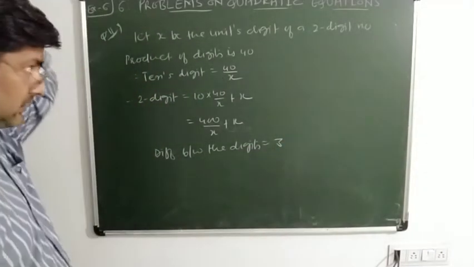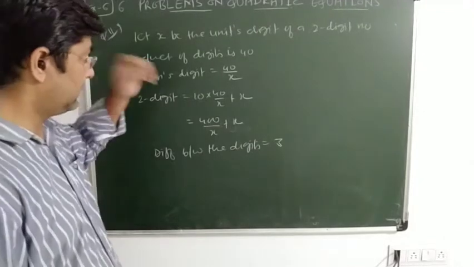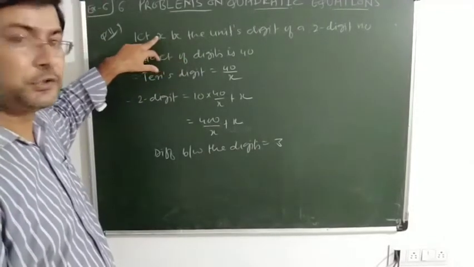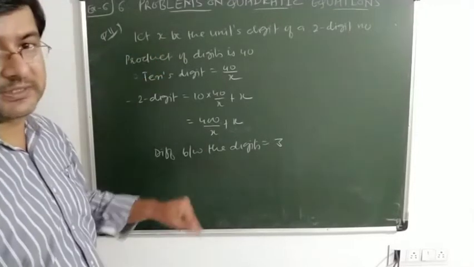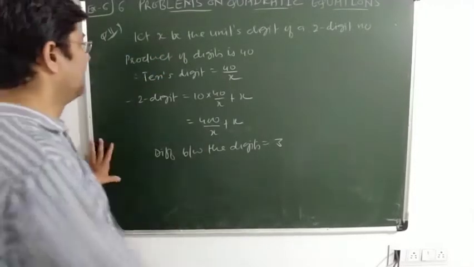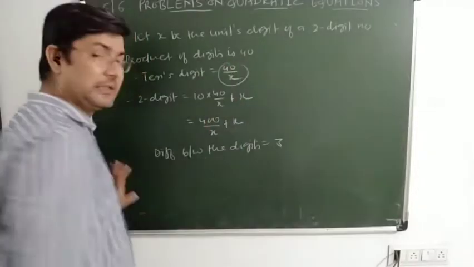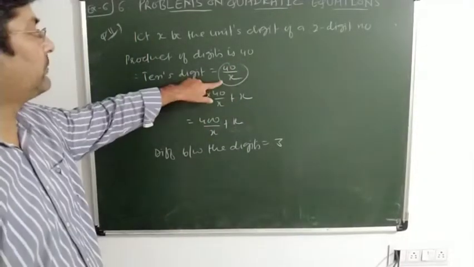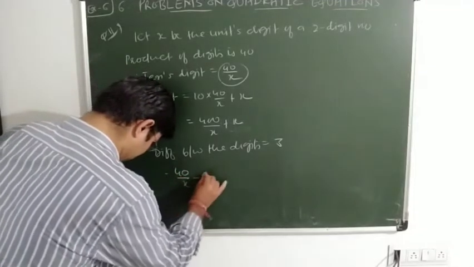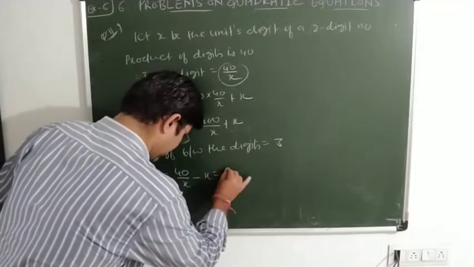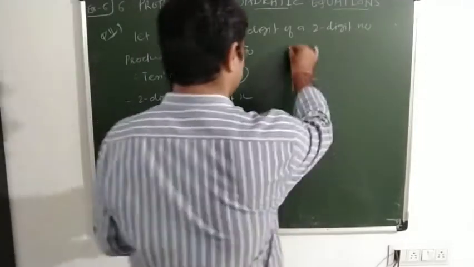So bigger minus smaller. It is already given that the units place is the smaller digit. So obviously the tens digit is the bigger one, and therefore the difference will be 40 upon x minus x, and therefore 40 upon x minus x is equal to 3. Now let us simplify.